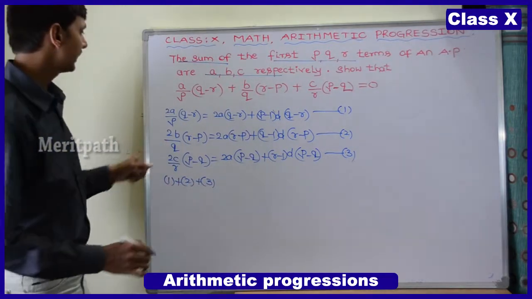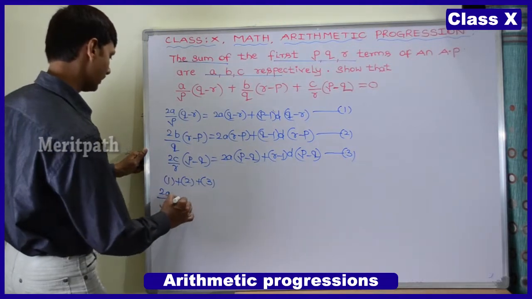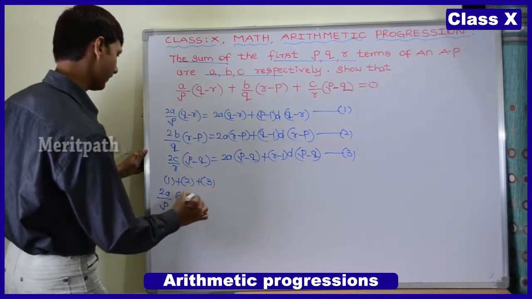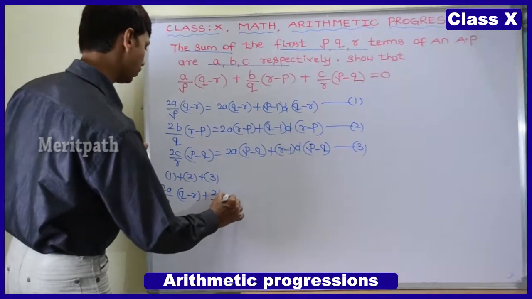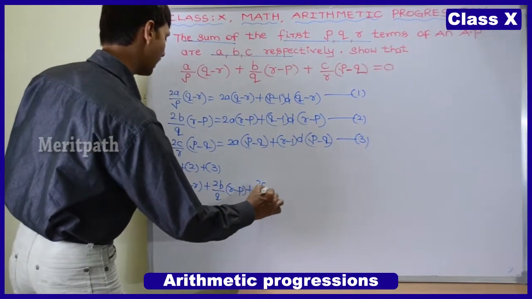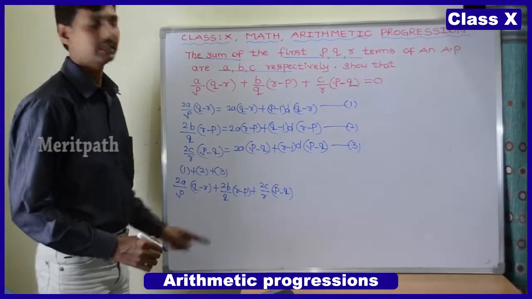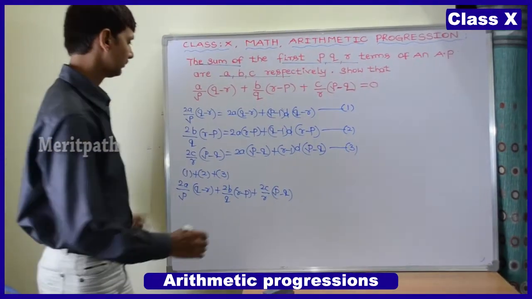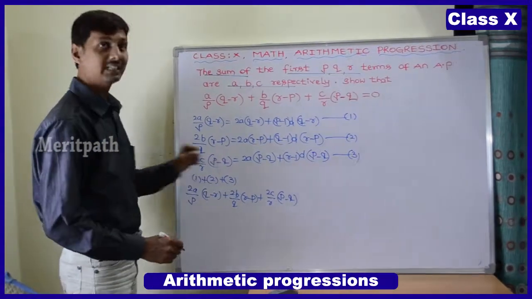Then the left hand side will be 2a by p into q minus r plus 2b by q into r minus p plus 2c by r into p minus q. So we can take 2 common in these three terms.